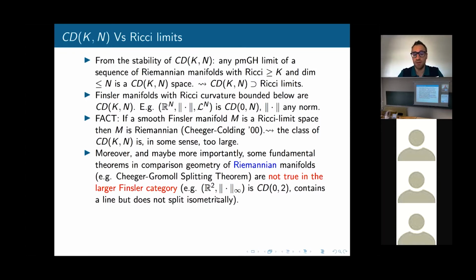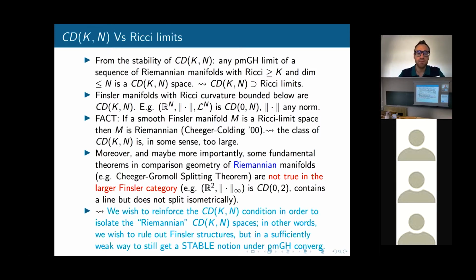Euclidean norm here. Okay, so the point is that you enlarge your space of Ricci limits with all the CD(K,N) spaces. But then you cannot expect to be able to prove some fundamental theorem in the class of CD(K,N) because you have too many objects.